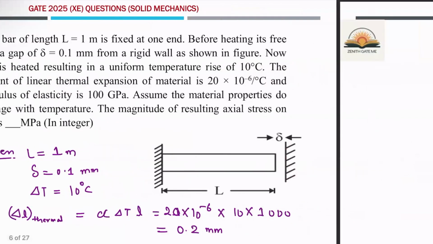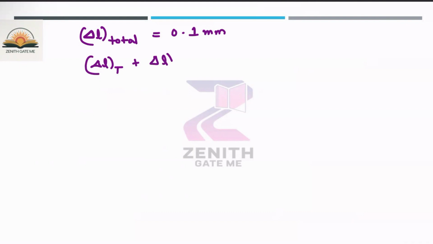So I can write here the total deformation is 0.1 mm, which is nothing but the total thermal deformation plus total axial deformation, which is equal to 0.1.